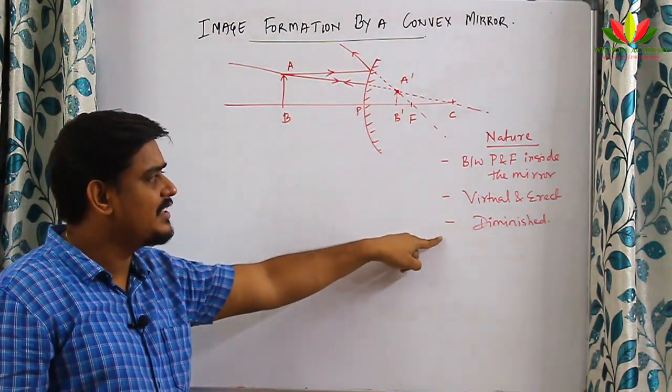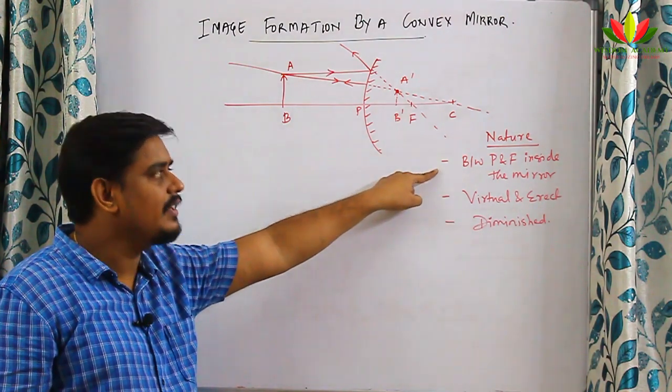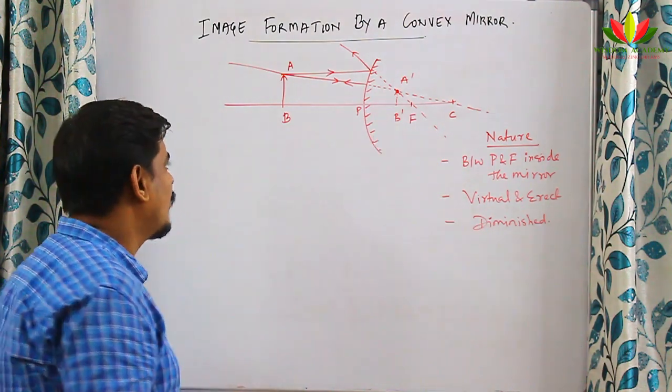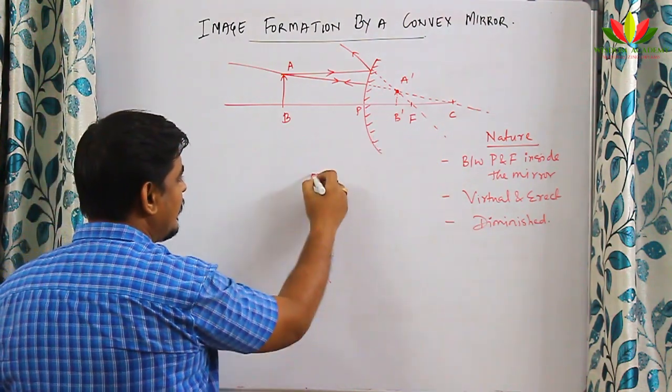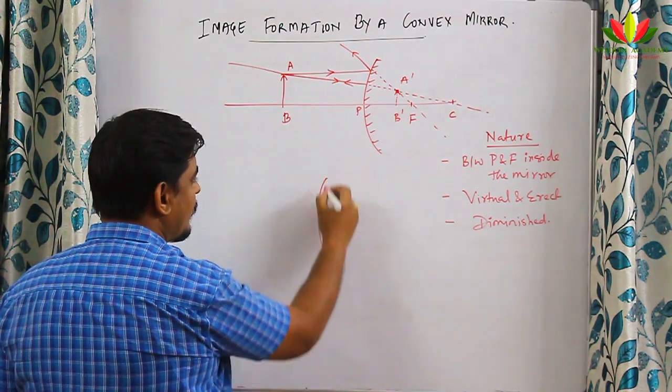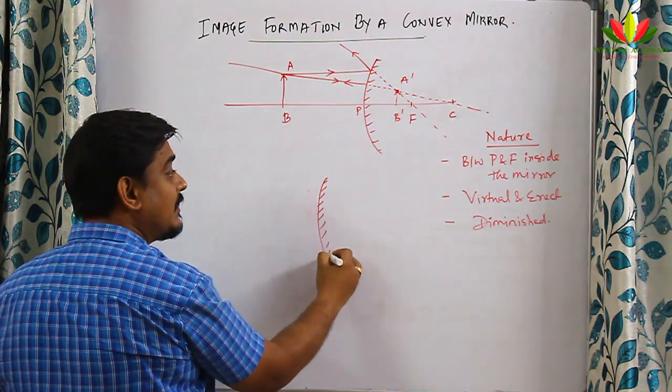It will be a diminished image, virtual and erect, between pole and focus inside the mirror. One more case is possible, that is keeping the object at infinity.